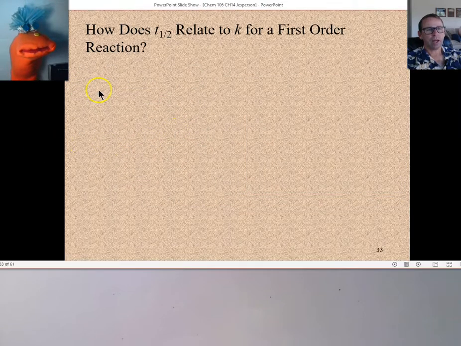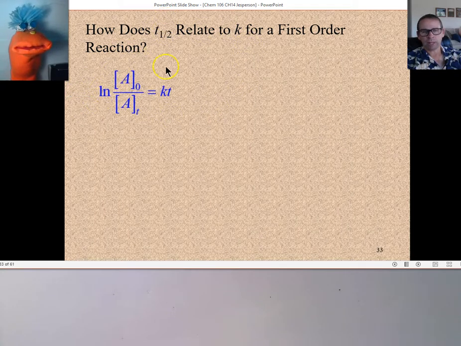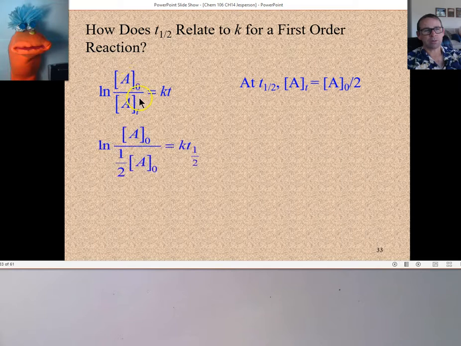So how does the half-life, t1/2, relate to k for a first-order reaction? Well, we have our integrated rate law here. For t equals t1/2, the half-life time, the concentration is always going to be half of what you started with. Therefore, this ratio, A naught to 1/2 A naught, is always going to be 2.